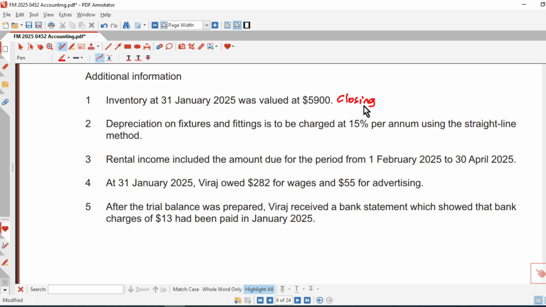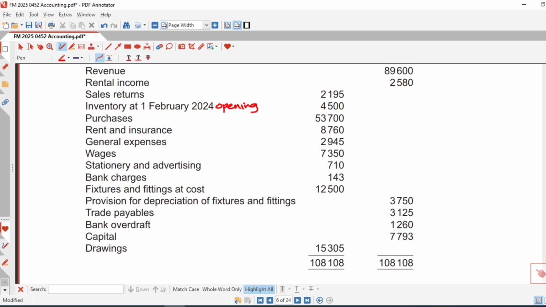For the second note, depreciation on fixtures and fittings is to be charged at 15% per annum using the straight line method. Straight line means we're going to depreciate on cost. So let's do that now. Where is our fixtures and fittings? Yes, right on top.